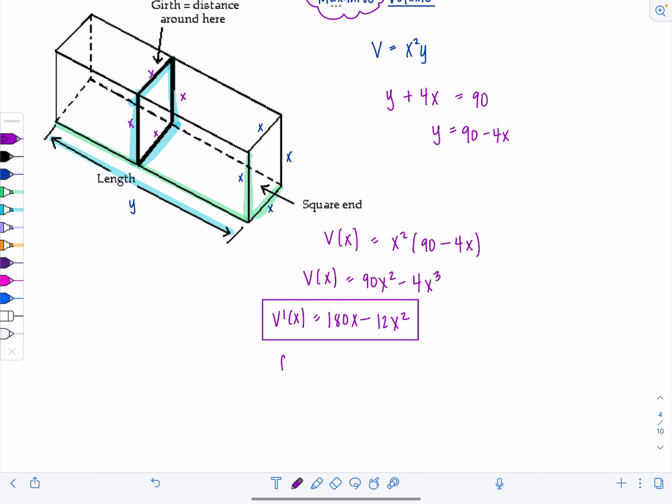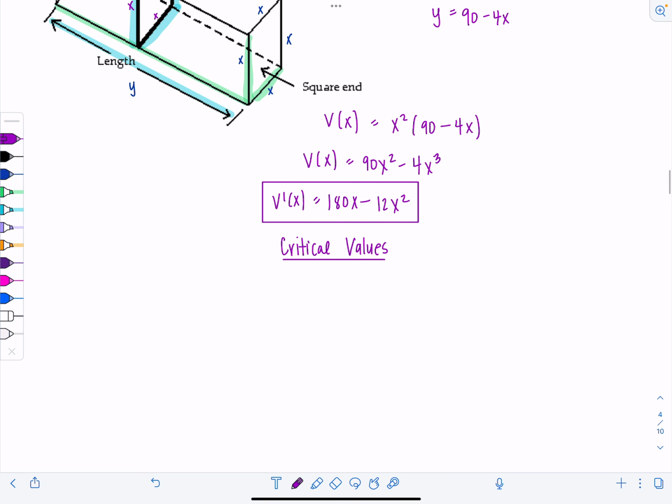Okay, so critical values come from two places: where v prime of x equals 0 and where v prime of x does not exist. We have a polynomial, so this case is not going to happen. It exists everywhere. The derivative equals 0 if 180x minus 12x squared is 0.